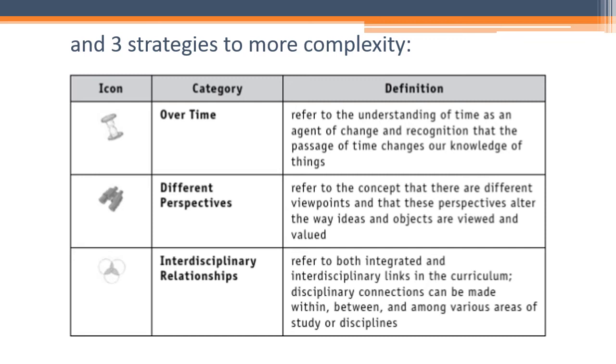How does your topic or content relate with other areas? Now, we have here the overtime strategy. It refers to the understanding of time as an agent of change and the recognition that the passage of time changes our knowledge of things.